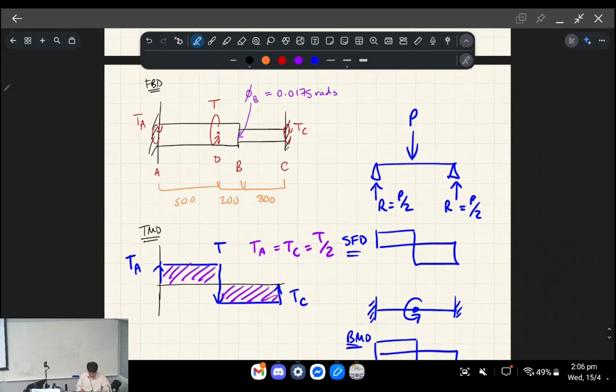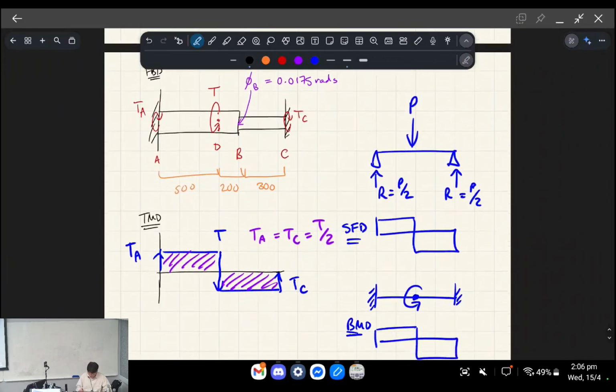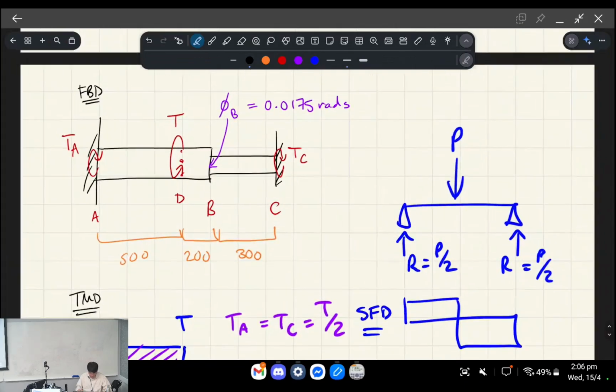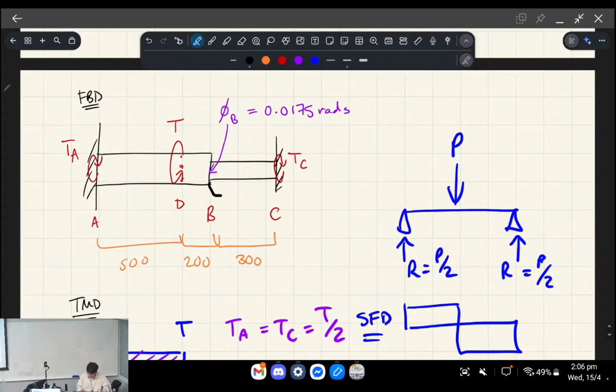The next thing you've got to do is figure out the twist. The twist from here to here is probably easiest to work out. So we know that the twist here is 0, and then the twist at B is that.